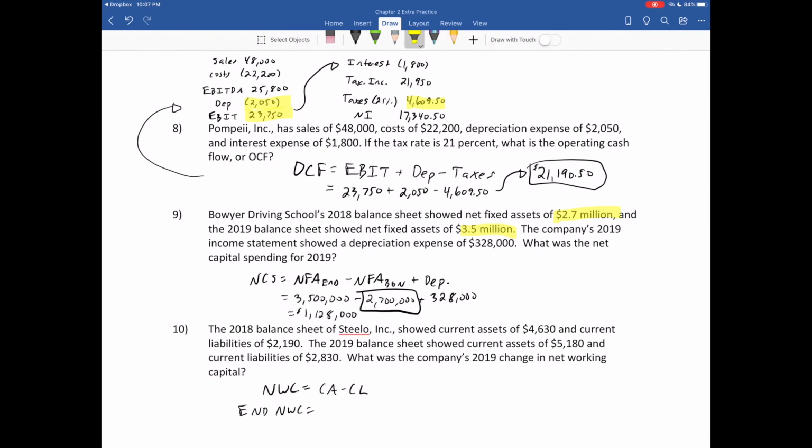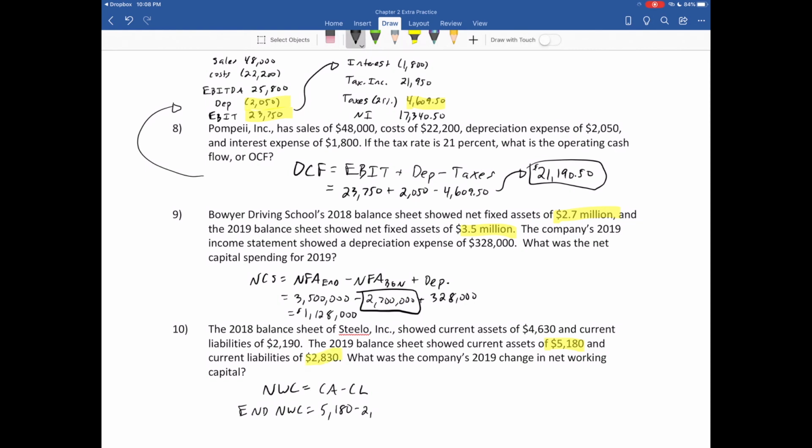So we have 2019 current assets of $5,180. We have 2019 current liabilities of $2,190. We take that difference. So $5,180 minus 2,000. Sorry. It would be the 2,830.